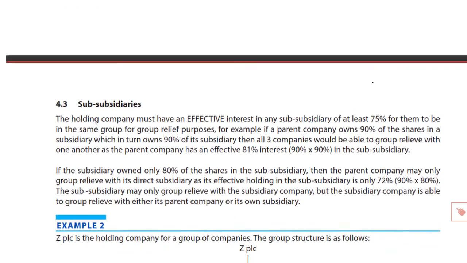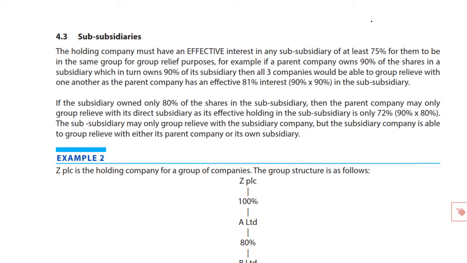But you're much more likely to have this rule tested in relation to indirect or sub-subsidiaries. What we've already said, and we've put it here in capitals, is that the holding company must have an effective interest in any sub-subsidiary, indirect sub, that is, of at least 75% for them to be in the same group for group relief purposes.